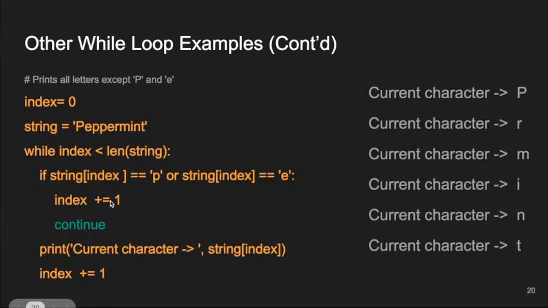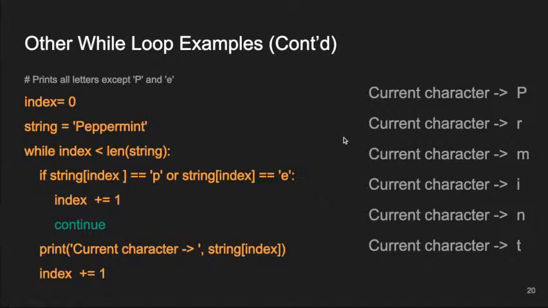So you need to be careful how you use some of these things in Python. You don't want an infinite loop, so make sure this condition at some point is going to become false, and that this doesn't bypass whatever is going to make your condition become false.